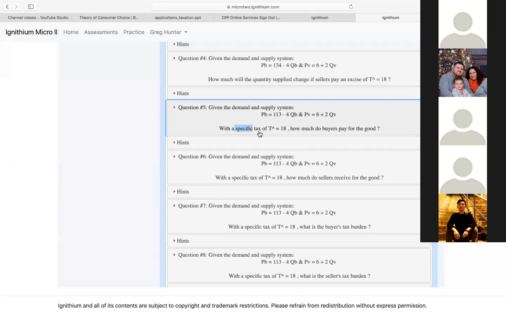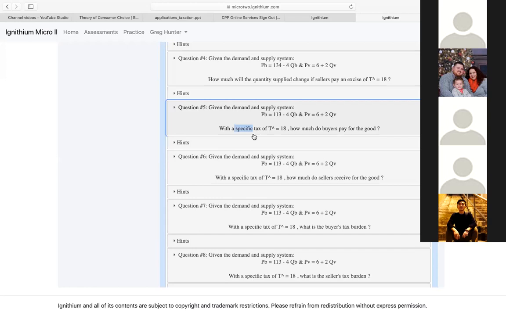You're not going to find they're any different than these specific taxes. But sales taxes are based on the value of the good. So sometimes they're called ad valorem, right? It's 10% of the price. So if you buy something that's $100, the tax is $10. But if you buy something $10, the tax is only $1. So the tax varies with the price of the good.